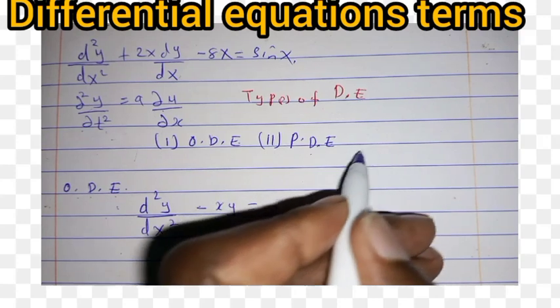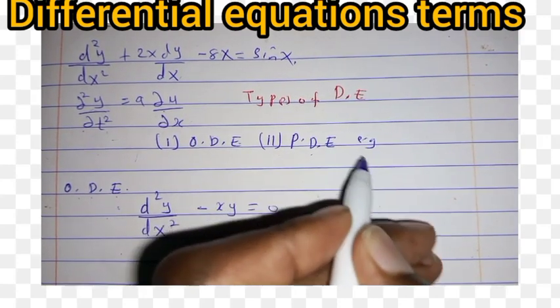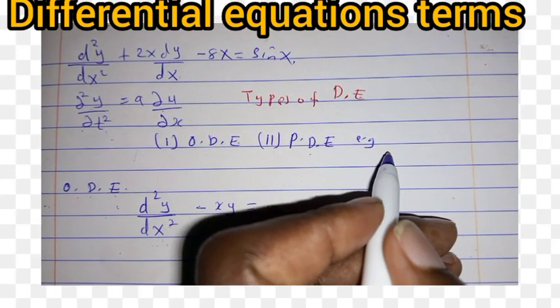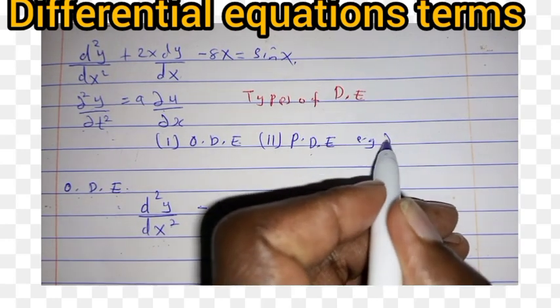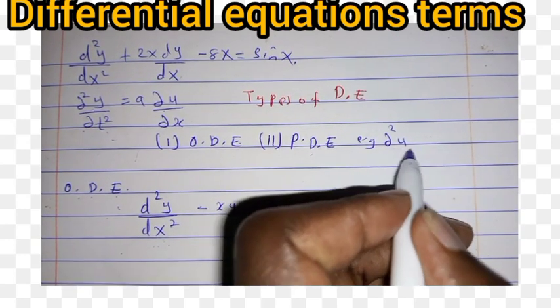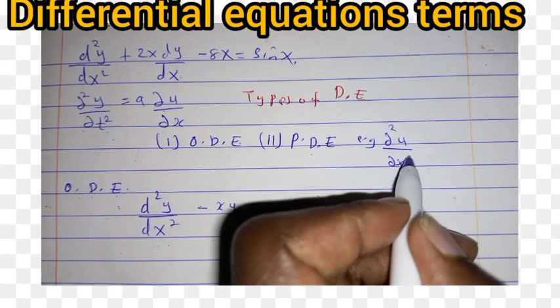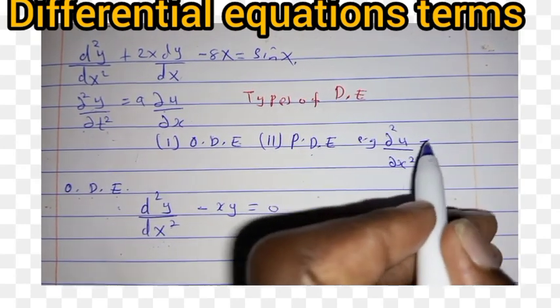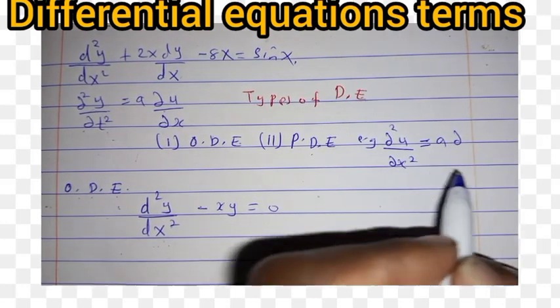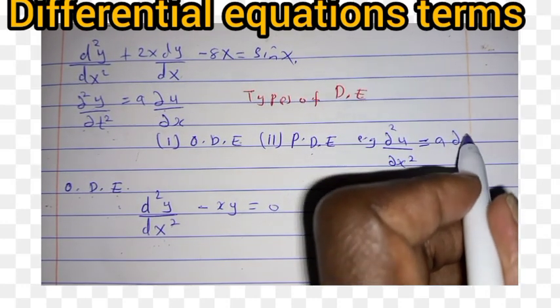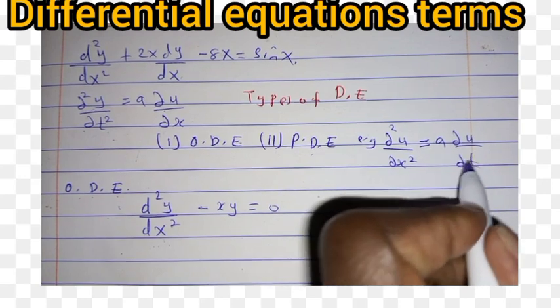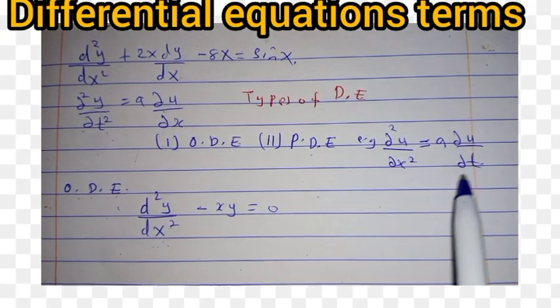if you have the heat equation like this, an example of a partial differential equation, the heat equation is given by the second partial derivative of u with respect to x, which is equal to a constant a times the partial derivative of u with respect to t. This is what is referred to as the heat equation.